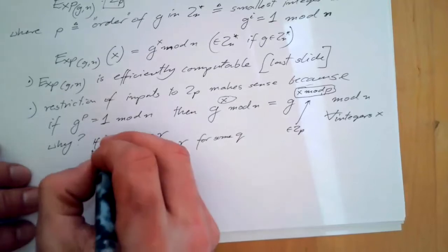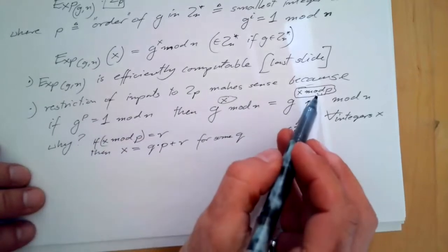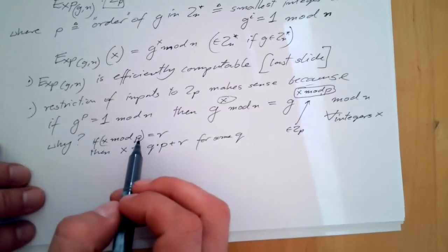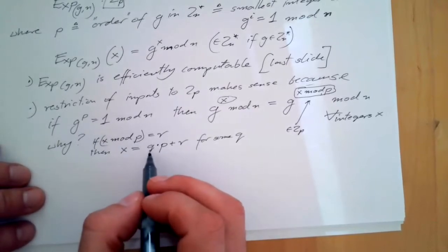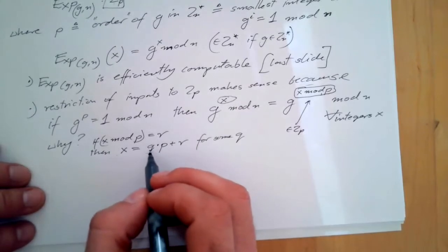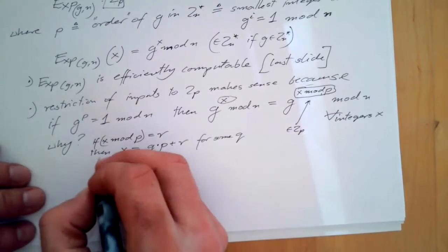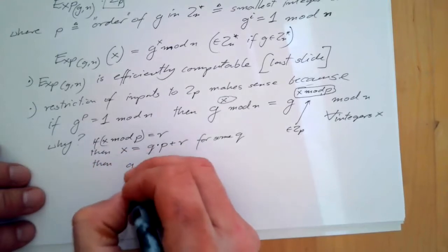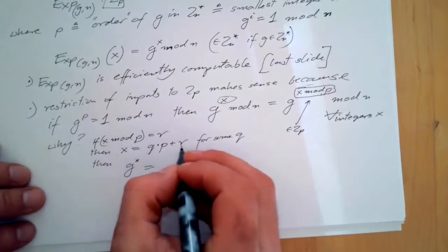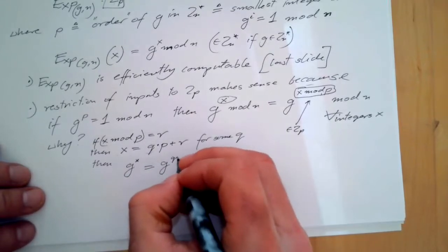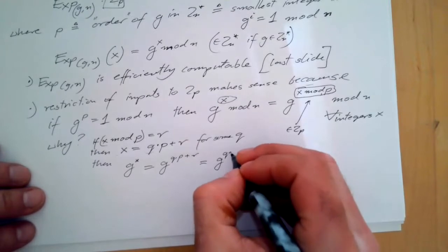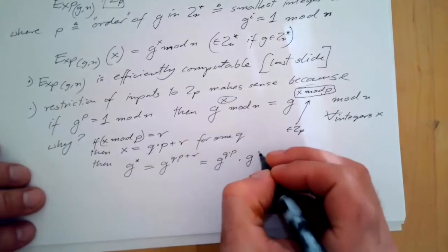If I look at what x mod p is, it's the remainder of integer division of x divided by p. So think of some quotient here, and this equation is true for some integer quotient. And if you wanted to compute g to the x, well, x is q times p plus r.